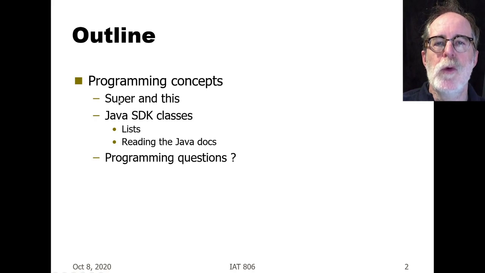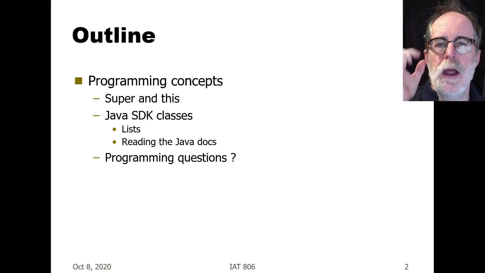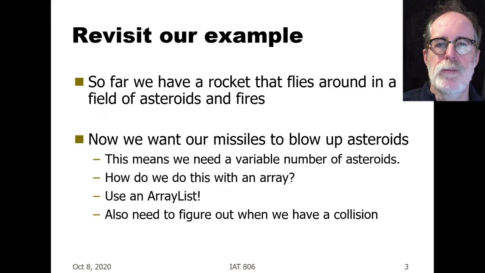Well, one new, one already reused, super and this. In the context of that, we'll also be talking about the Java Software Development Kit classes, such as lists and ArrayList, as I said earlier. And we're also going to be making reference to the Java documentation that's out there. That will be the formal piece of the lecture that we're going to be talking about today.